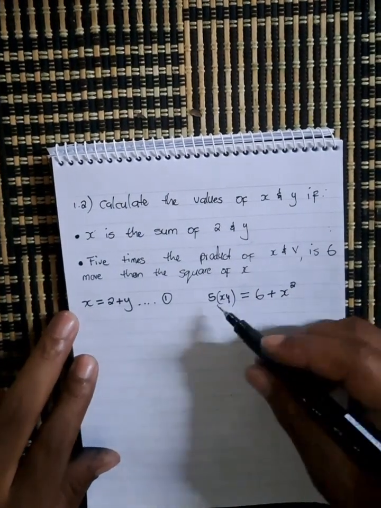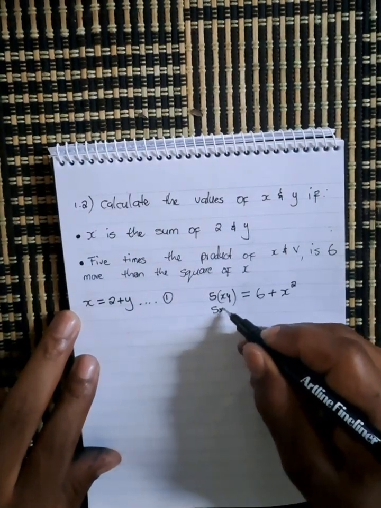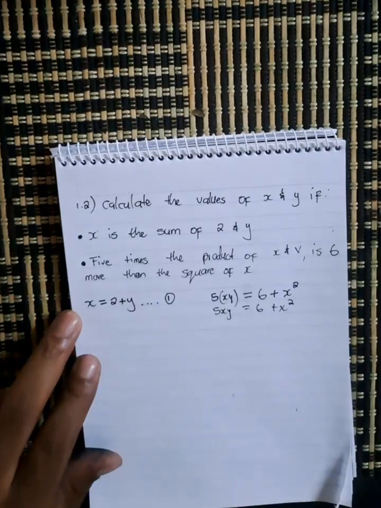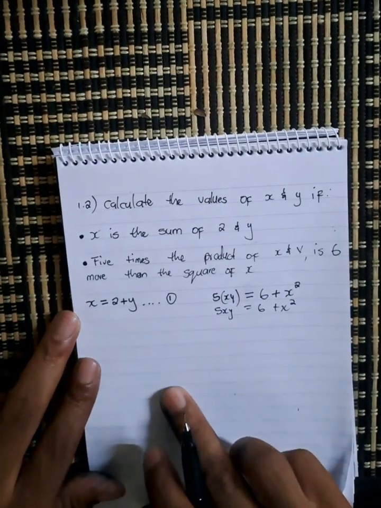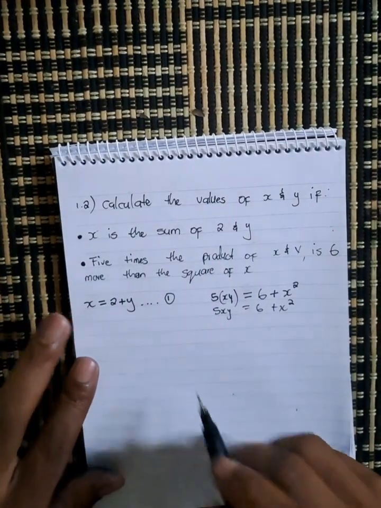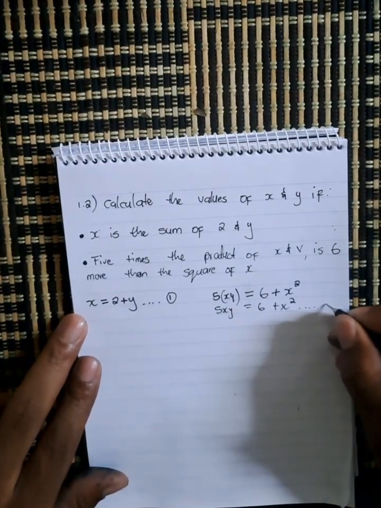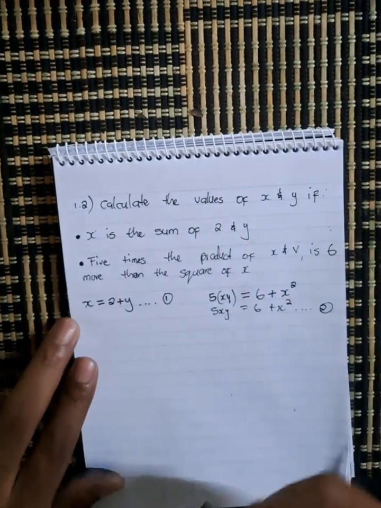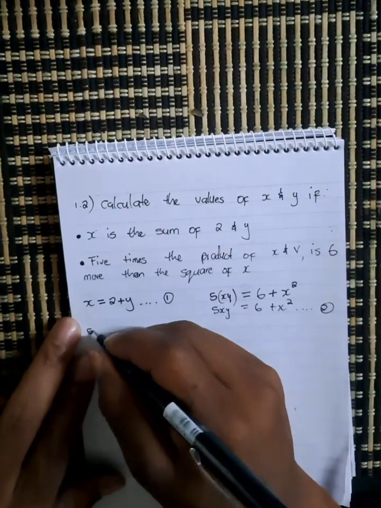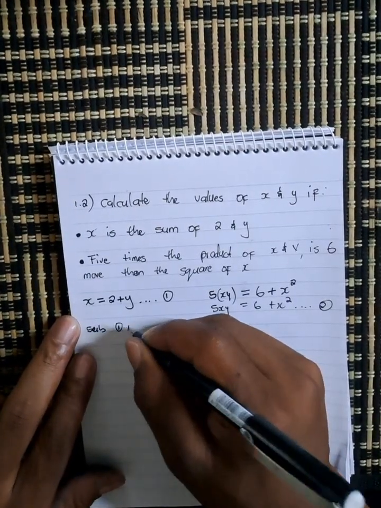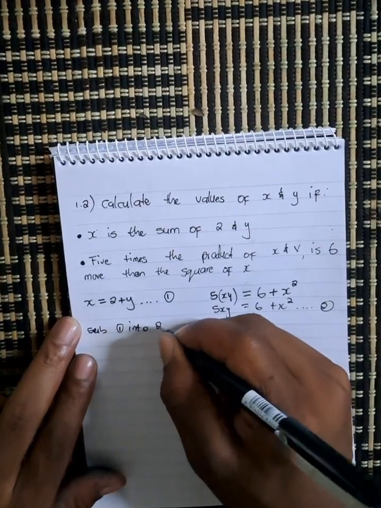Simply, this is 5xy equals 6 plus x squared. Before we go there, this is our equation 2. So we're going to sub our equation 1 into 2.